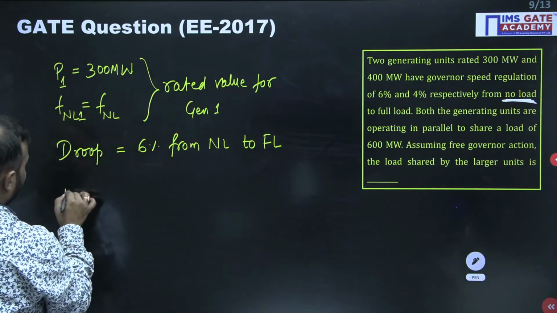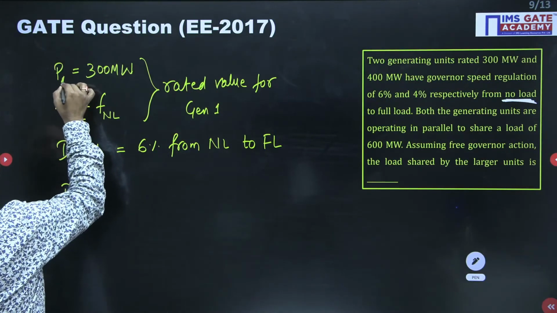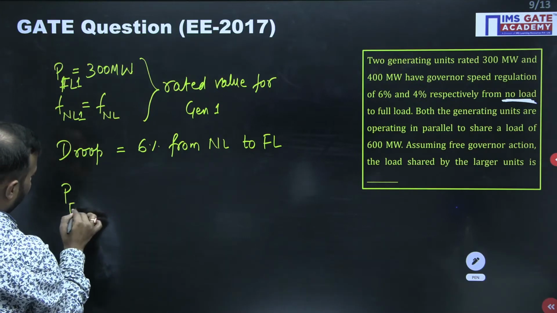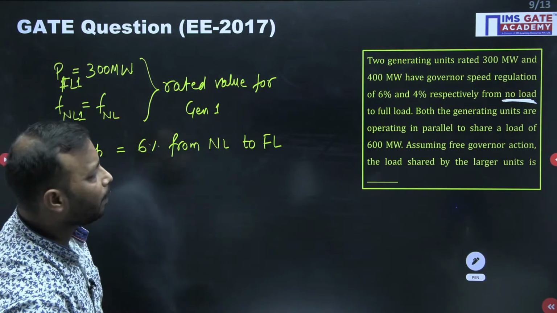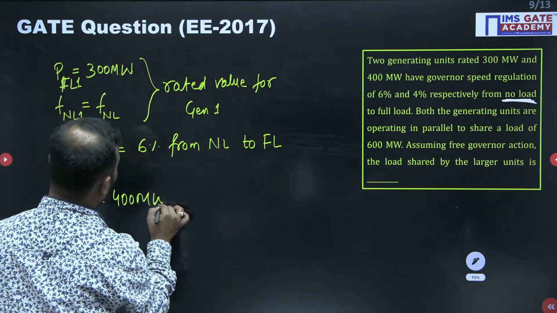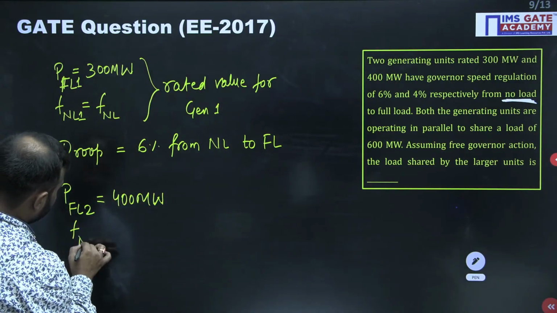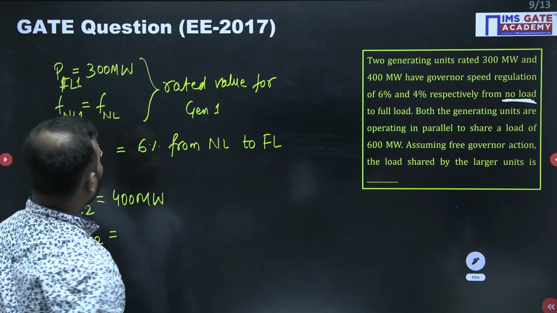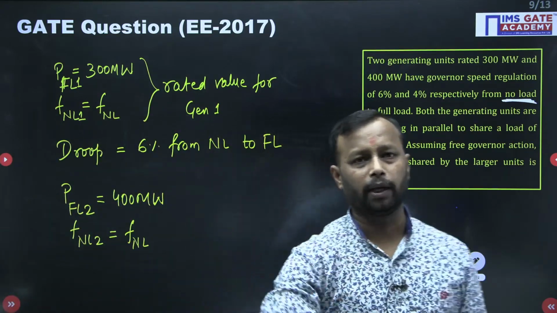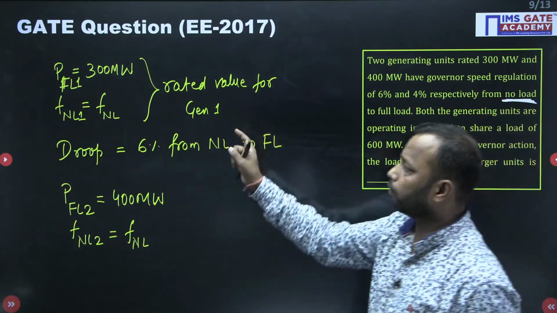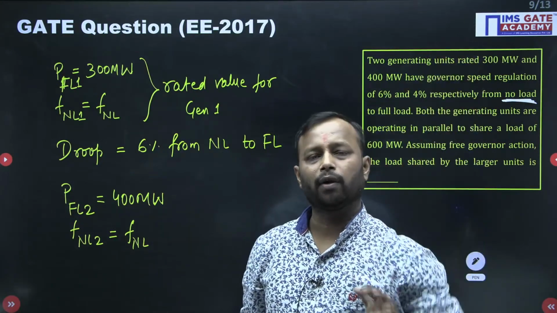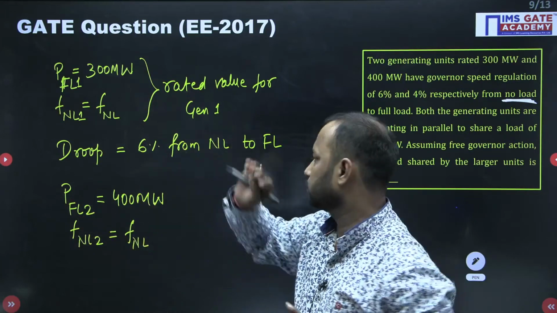Similarly, for generator 2, this is the rated value or full load value, PFL2. This is 400 megawatt now for generator 2. And what is the no load frequency? It is not given. So we will assume the no load frequency for both generators to be equal. जैसा मैंने बोला था कि जब भी no load frequency नहीं दिया गया होगा, we are going to assume the no load frequency as equal for all the generators.